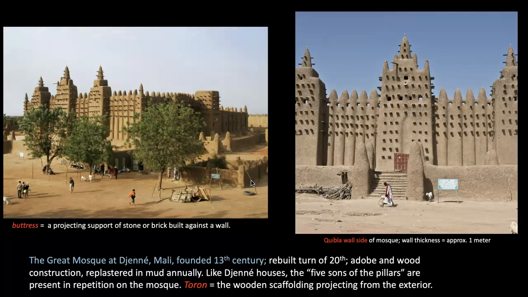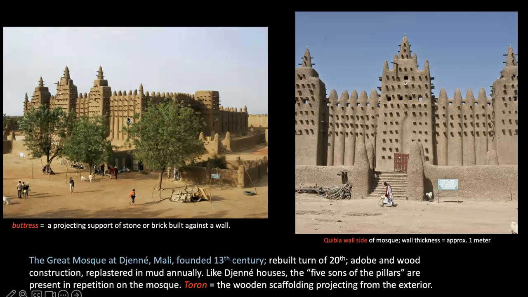If you look closely, you can see a reference to the 5 sons of the pillars on some of the close-up detail images that I'm sharing with you, as well as another feature known as a toron. That is the word you see here in red. And that is the wood projectiles, almost like scaffolding, that you see peppering the exterior of the mosque on all sides.